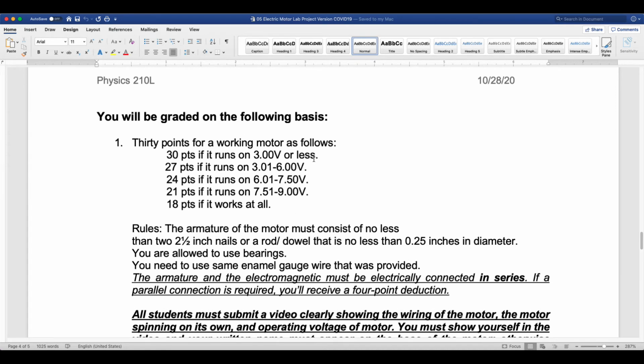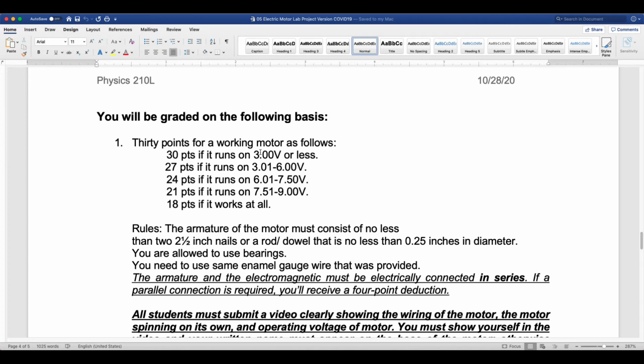Last semester, most people got it to work with 6 volts or less. Normally, when we do this on campus, you have to get it to work at 2 volts or less. The reason being, we have testing equipment, a big power supply we can have you test them on, and we can see what's wrong.